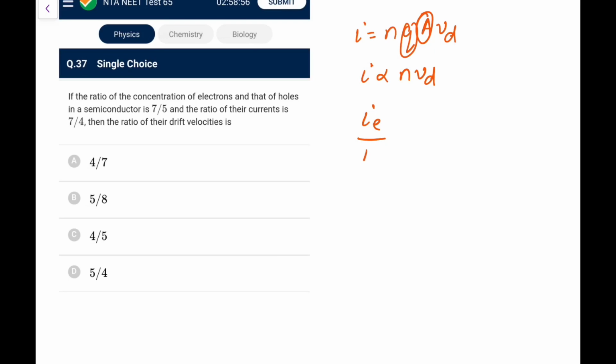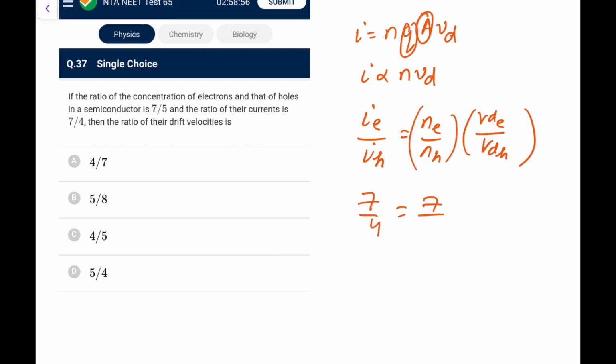So IE upon IH is equal to NE upon NH into VD of electron to VD of holes. The current ratio is given as 7:4, and concentration ratio is 7:5. So VD of electron to VD of holes comes out to be 5/4.